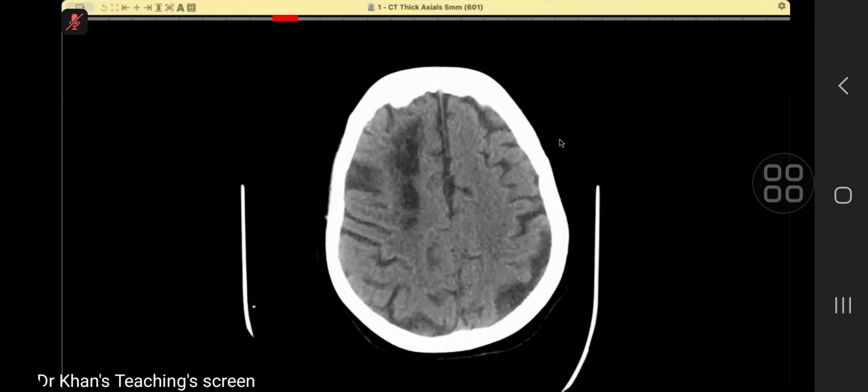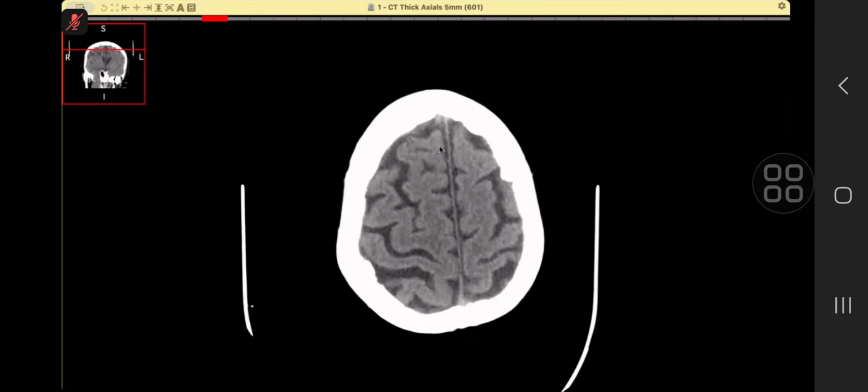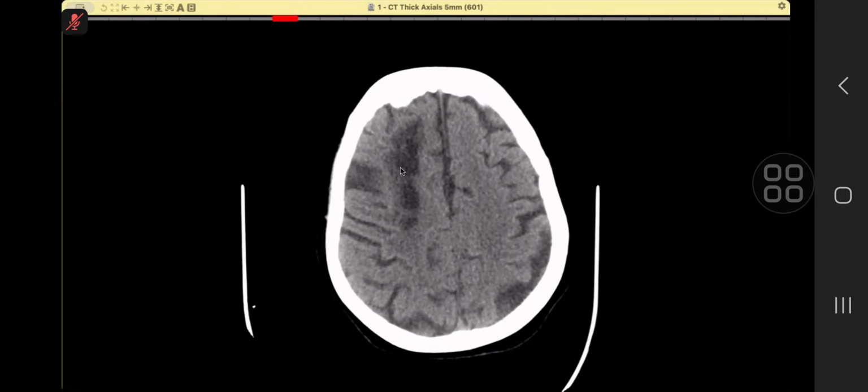Now I can request you remote control. Okay, so in this case, this is a 72-year-old previous stroke, and the patient has come from overseas and has now presented, and they are worried about a recurrent stroke. What I'm telling you is that there is a stroke here, and this is an old stroke. Over to you. Anything else?